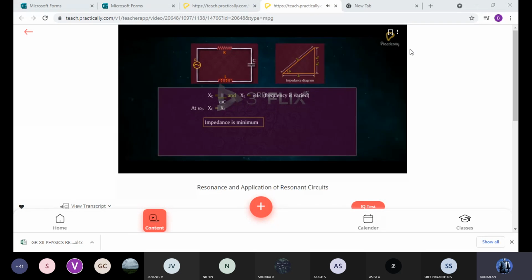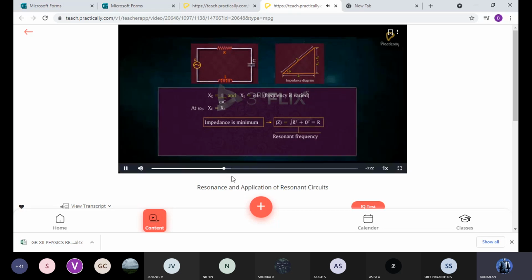Impedance is minimum. Z is equal to root over R square plus 0 square is equal to R. This is called the resonant frequency.